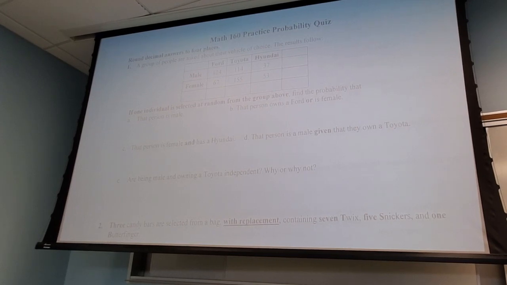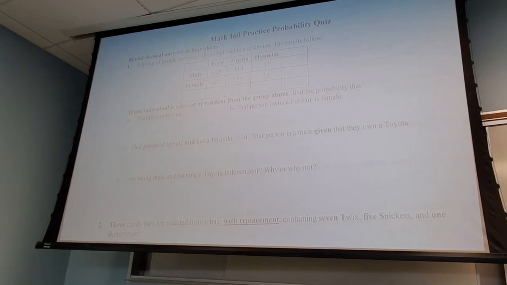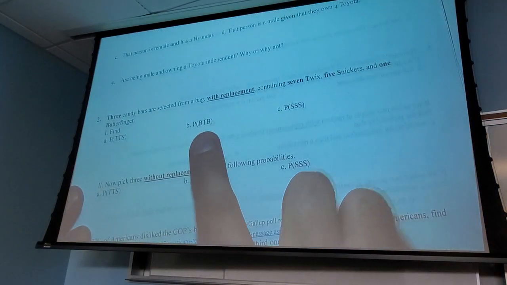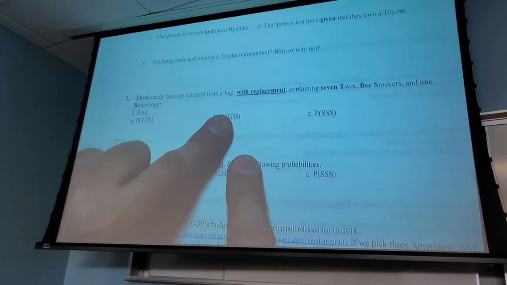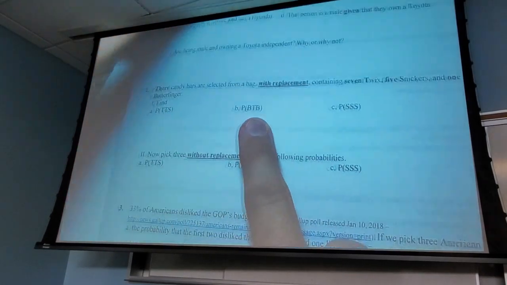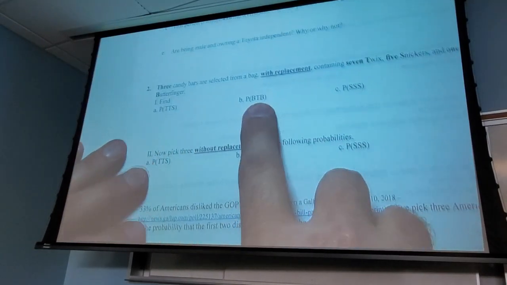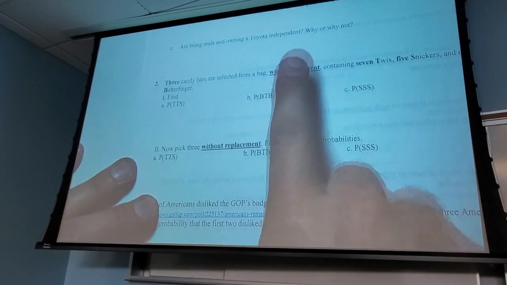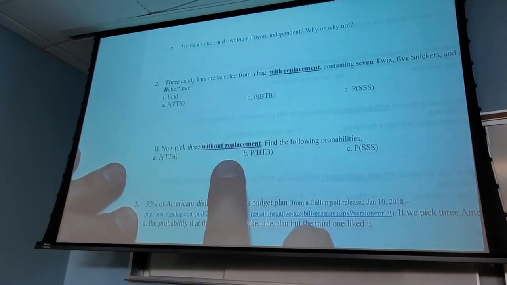Yes? For 2B, the answer would just be 0 because the chance of selecting the second Butterfinger would be 0 over 11, right? To which one? 2B. So now we got to be a little bit like a lawyer, right? Because this is without replacement.